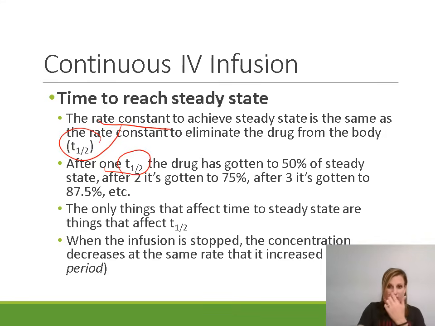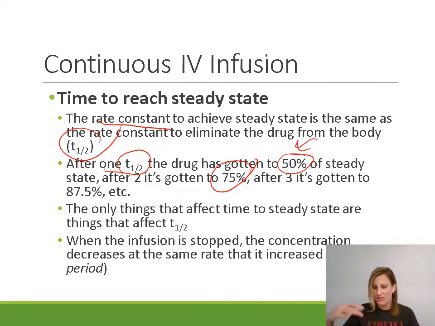So after one half-life, the drug's at 50% of steady state. After two half-lives, it goes up half of that, right? So half of 50 is 25. So it goes from 50% to 75%. After three half-lives, it goes up by half of that, right?